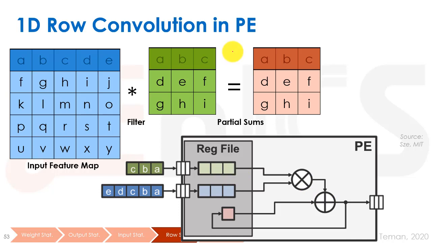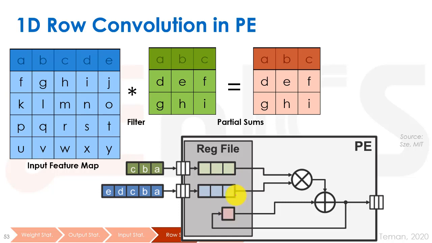Since our dot product in the row has 3 elements, we're going to have 3 registers for the filters, 3 registers for the activations, and 1 register for the output.